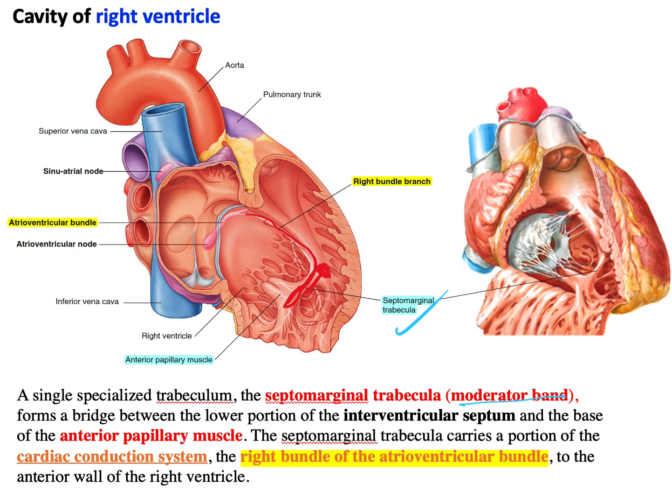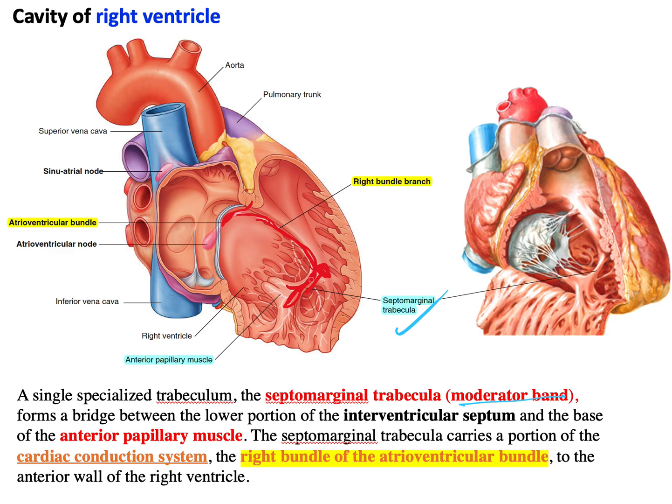right ventricle, because you know the atrioventricular bundle divides into two bundles, the left bundle and the right bundle. So the right bundle should reach the wall of the right ventricle. So we need a bridge.